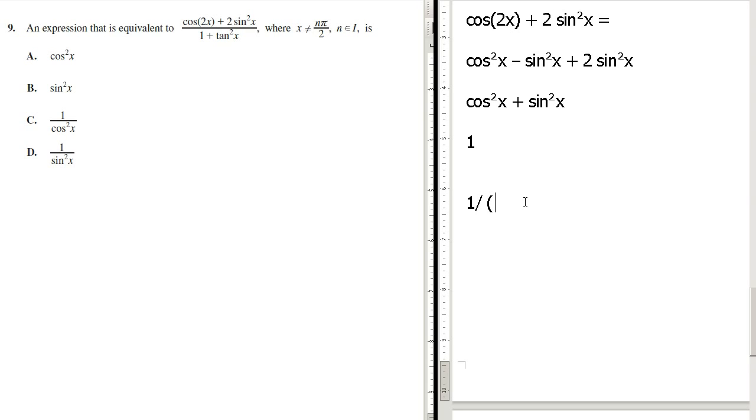So we have 1 divided by 1 over cos squared x, which is equal to cos squared x, excuse me.